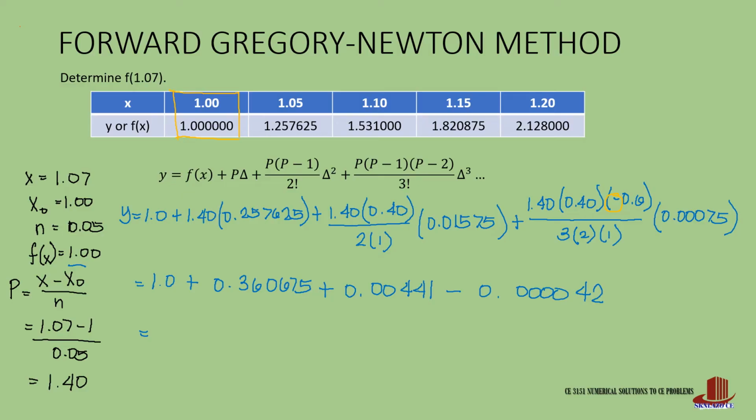Computing, y, or f of x, would turn out as 1.365043. And this is the same value of the interpolated f of 1.07 earlier.